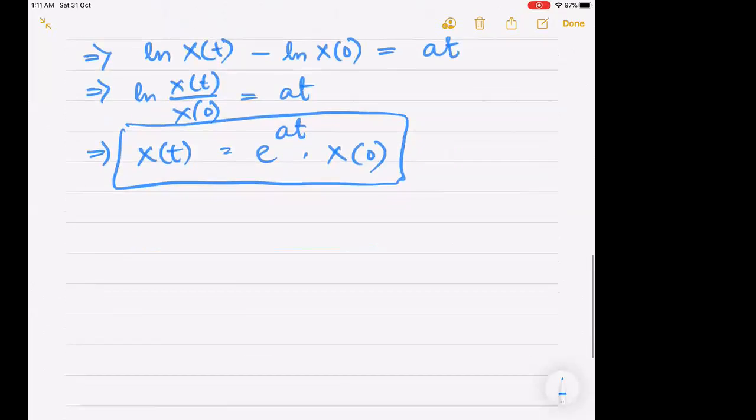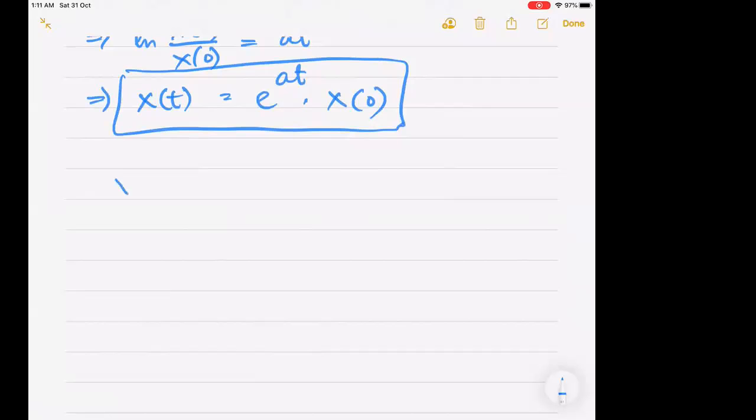On the other hand, if you have the discrete case, then that's x(k+1) = a xk. And of course, we know that a is just a scalar here.